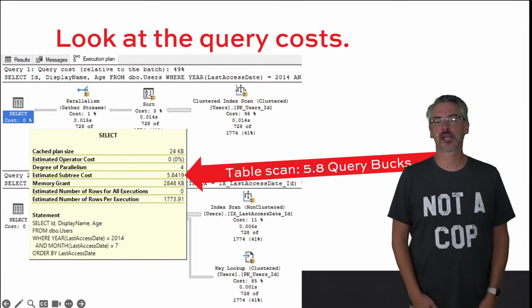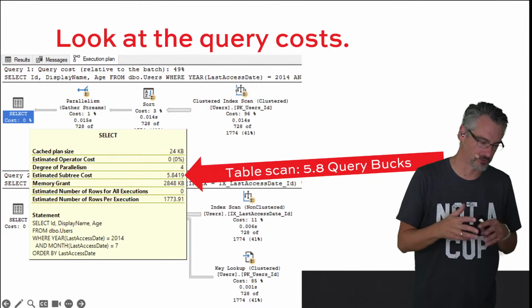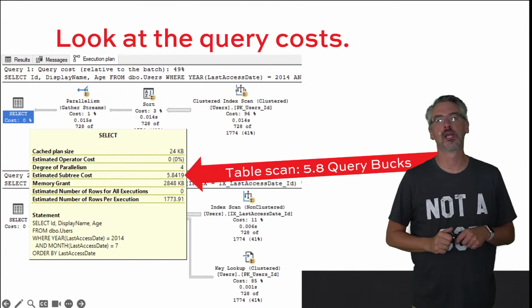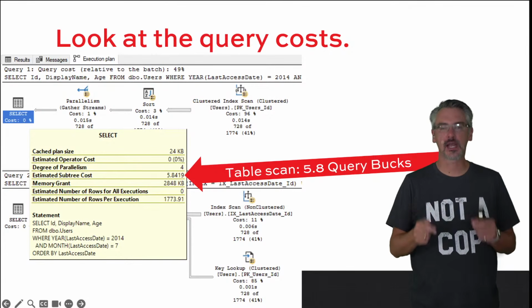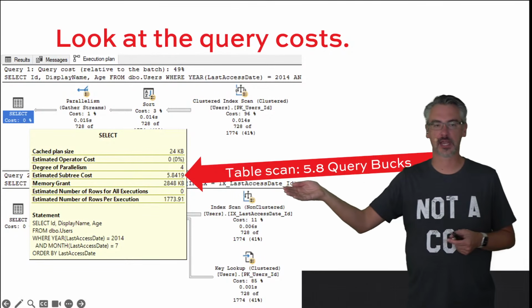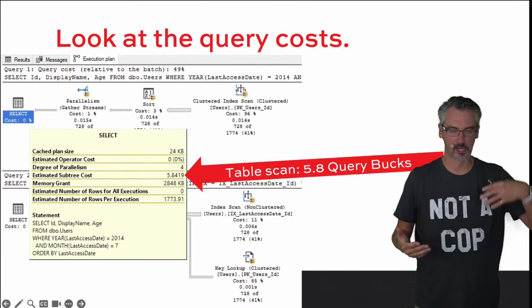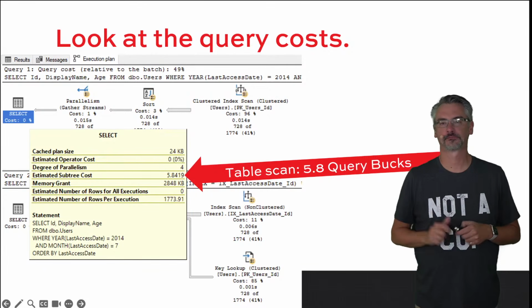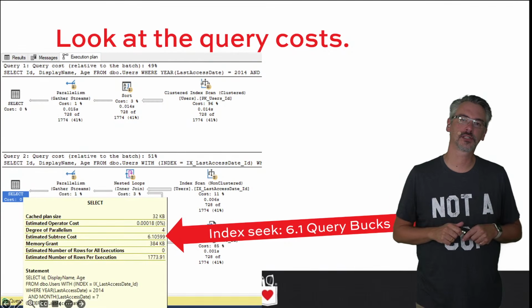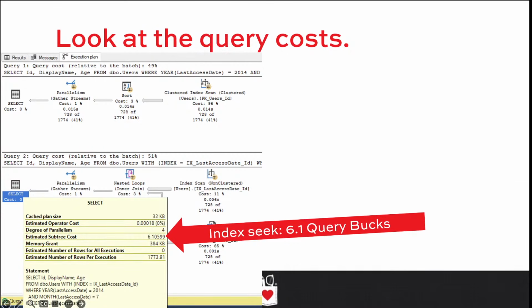In order to understand why, what we'll do is we'll look at the execution plan costs for both of those. The top one, where SQL Server decided to use the clustered index, the estimated cost of that table scan, what the project manager thought was going to happen before the query ran, was about 6 query bucks. When I look at the index seek plus key lookup, SQL Server knows that that key lookup is a higher cost because it's variable.